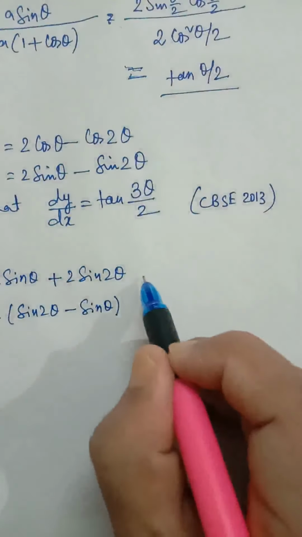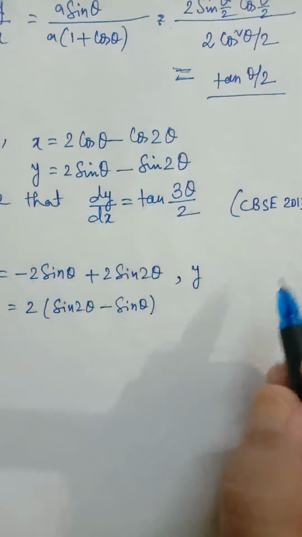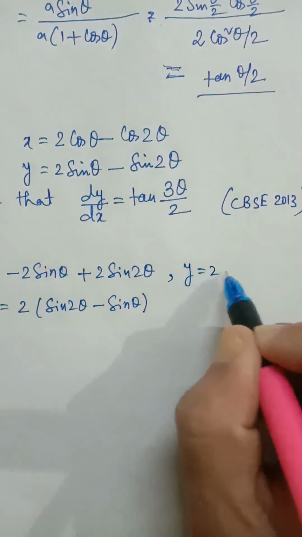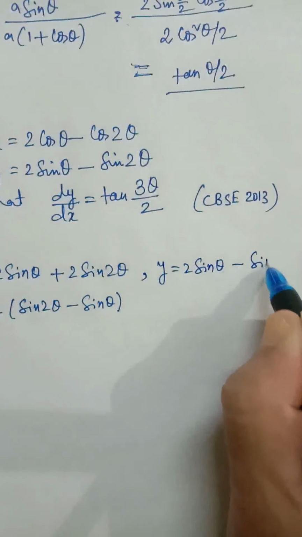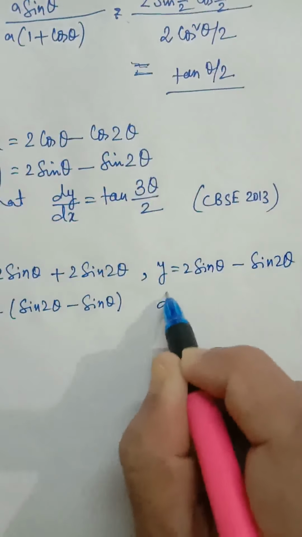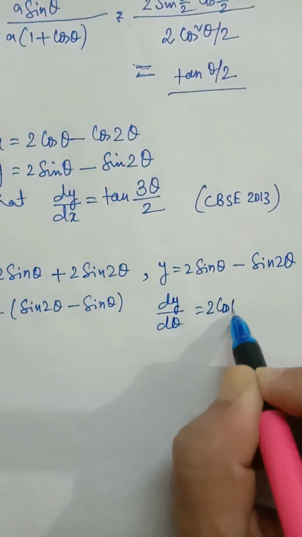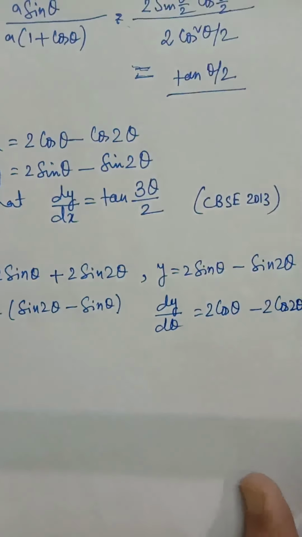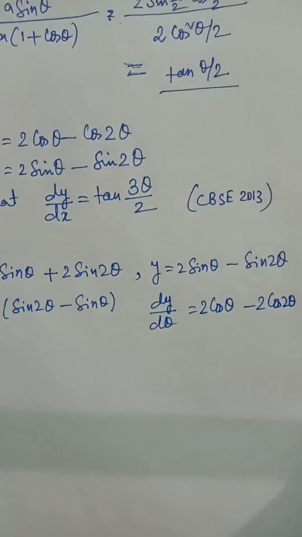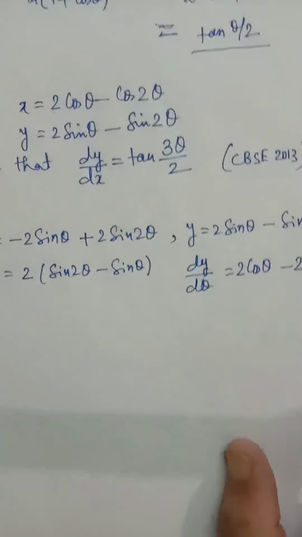Now y equal to 2 sin theta minus sin 2 theta. So dy by d theta equal to, this will be 2 cos theta minus 2 cos 2 theta. This is our dy by d theta.